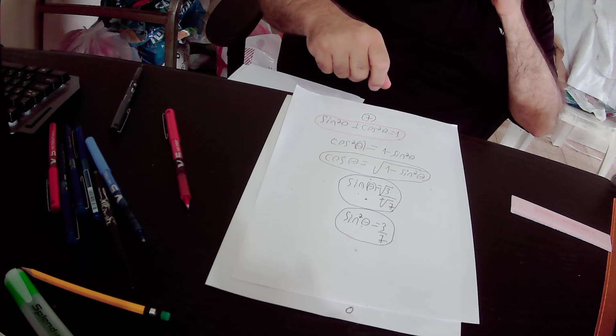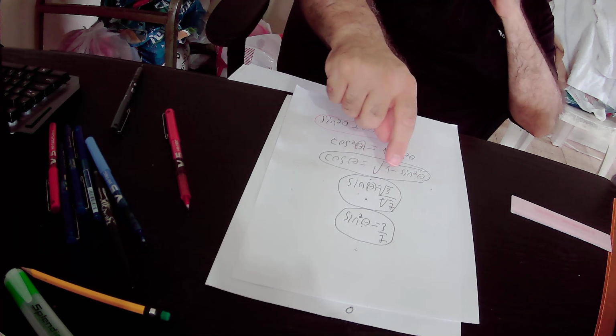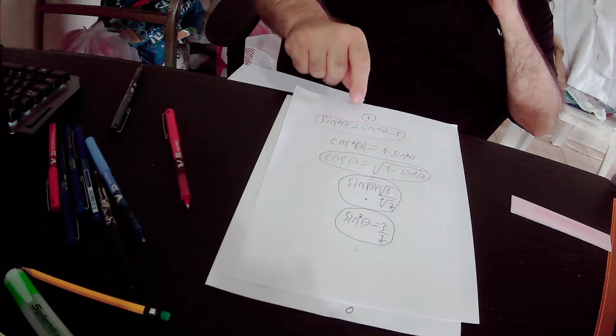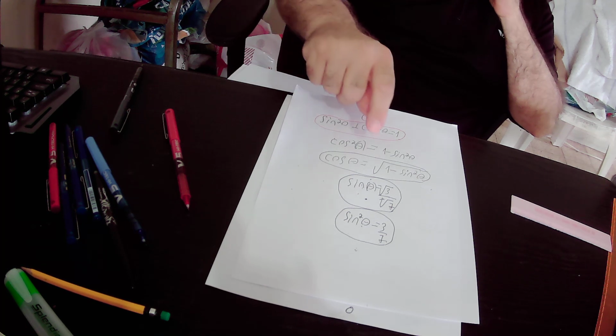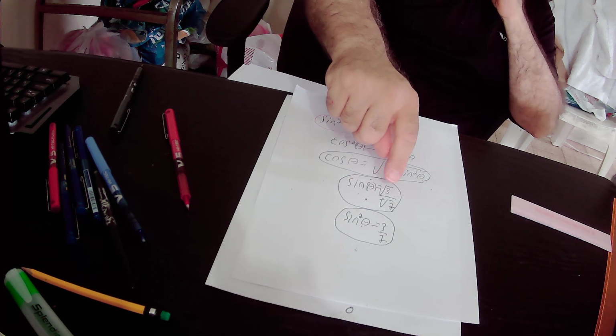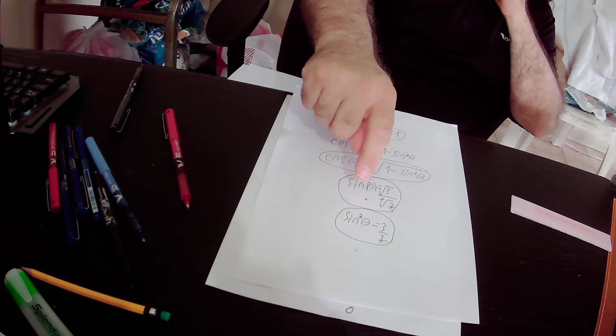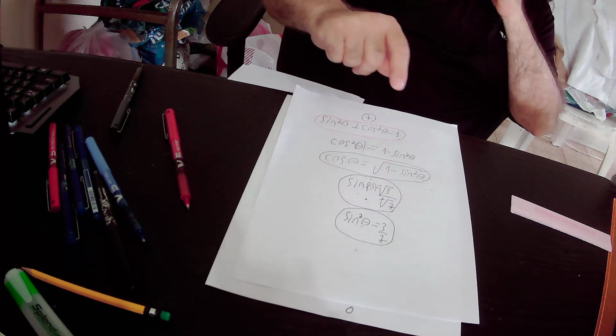And we already found that sine theta equals root 3 over root 7. So if sine theta equals root 3 over root 7, then sine theta squared equals 3 over 7.